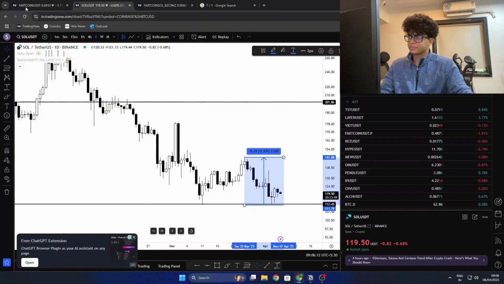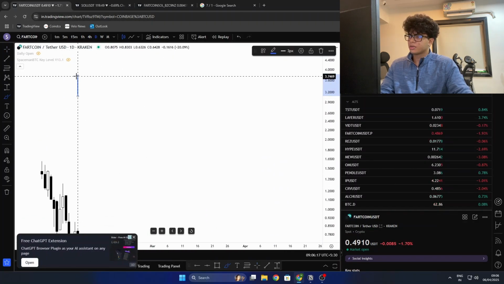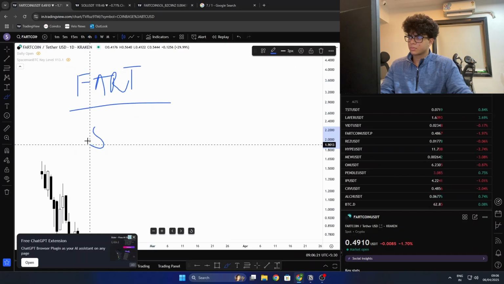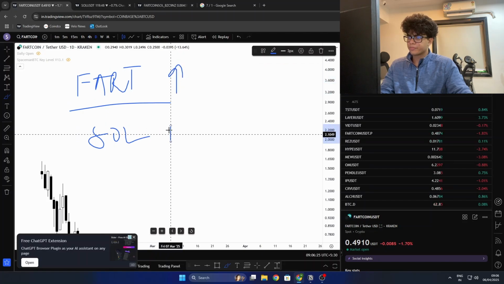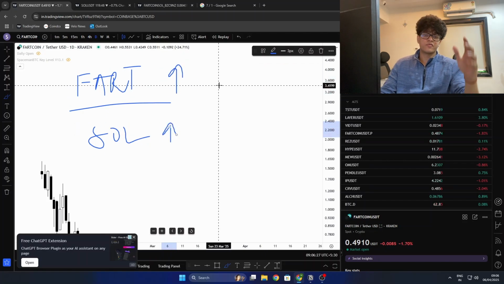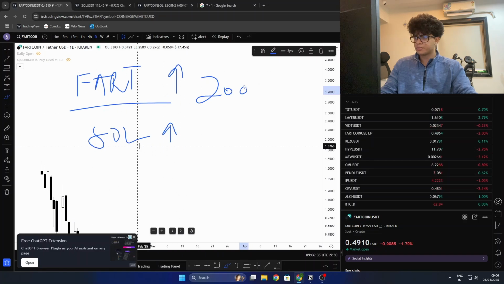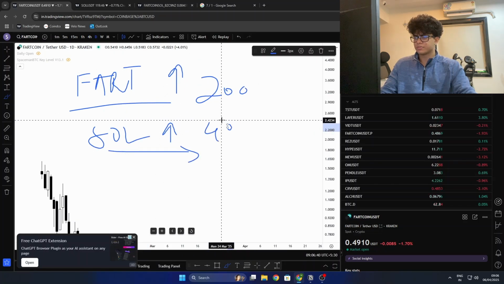So that means, from what I said, if you guys remember, they both went up, but Fatcoin went up drastically more than Solana. It's 200%, and Solana went up only 40%.